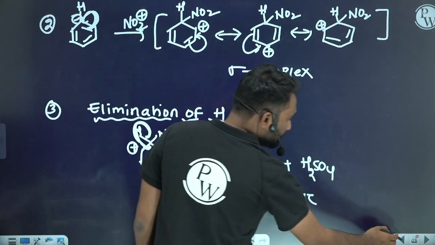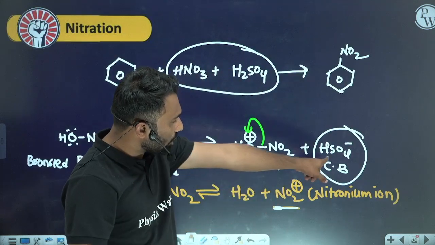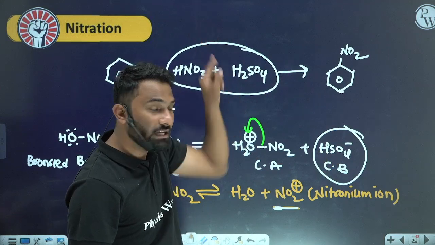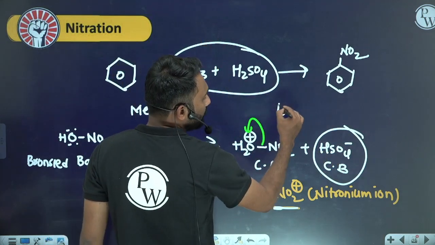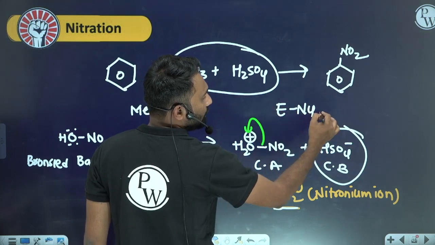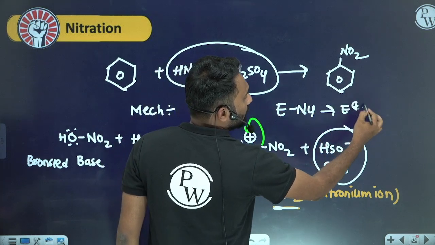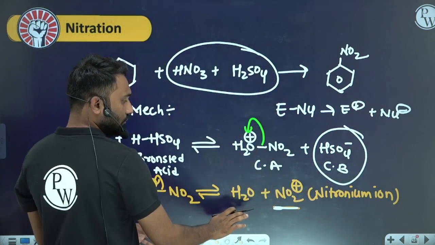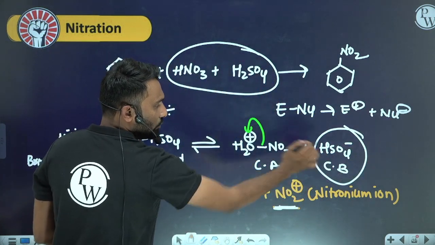Clear? When it has been eliminated with the positive charge, here there is a conjugate base. I said at the start, when we generate the electrophile, the nucleophile will be there, right? Now here we have generated the electrophile and this is the nucleophile.